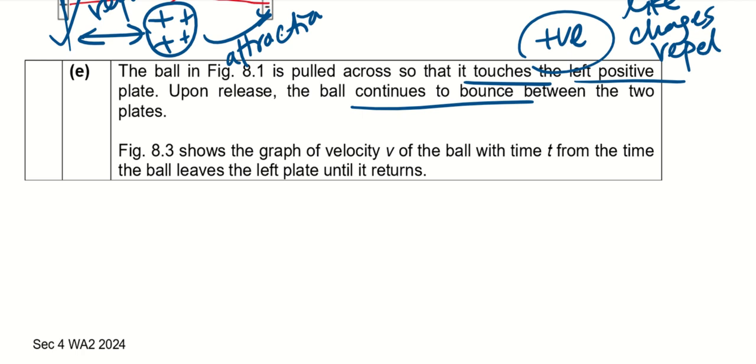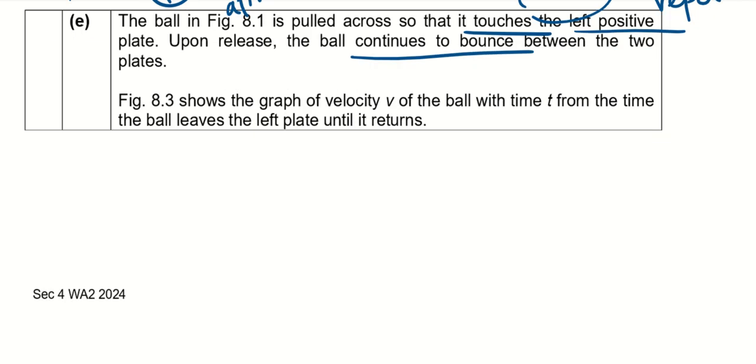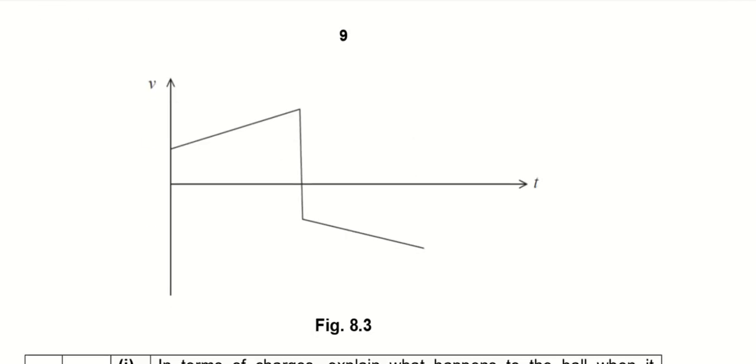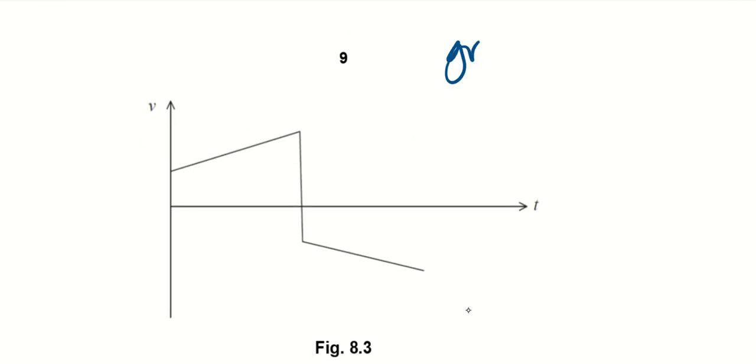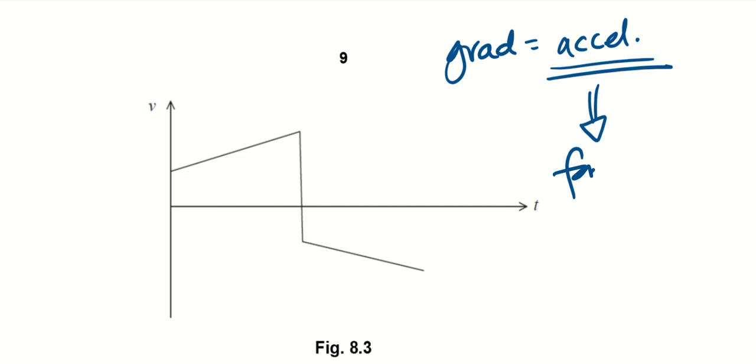So figure 8.3 shows the graph of v of the ball with time t from the time the ball leaves the left plate until it returns. So this is our v-t graph. What is important is the gradient represents acceleration. Why are we talking about acceleration? Because there is now a force of attraction and force of repulsion, right?